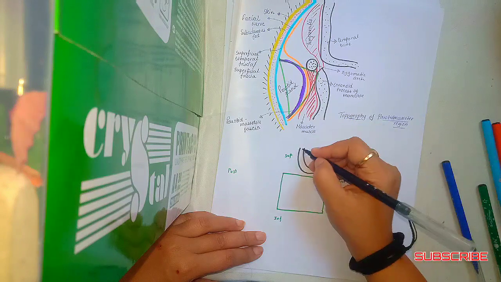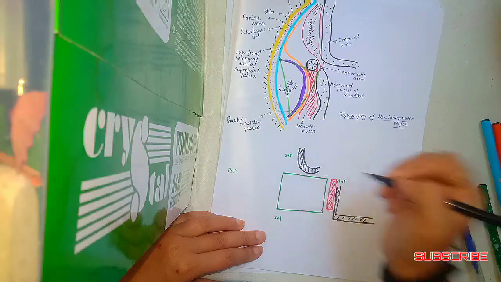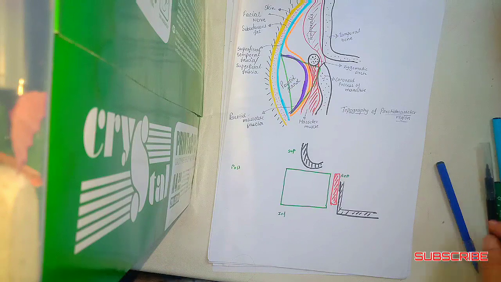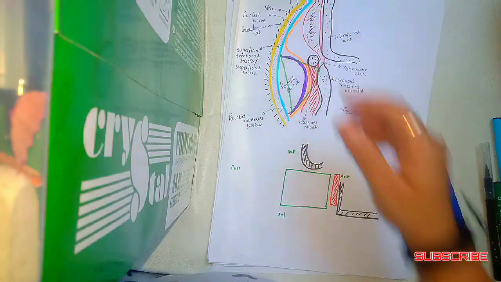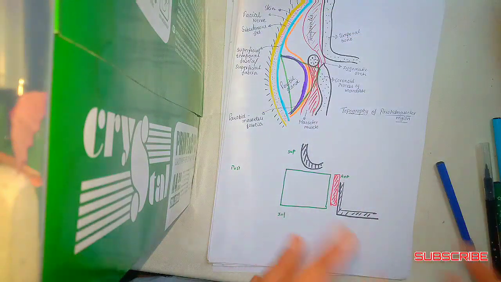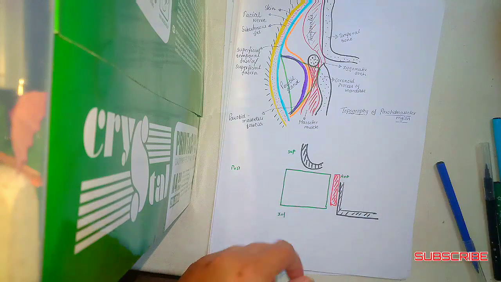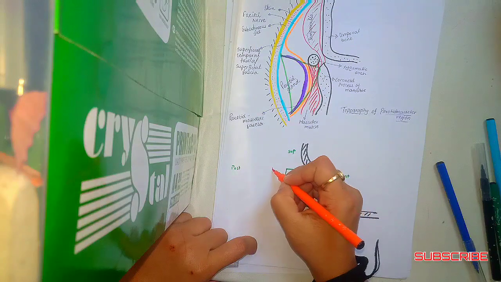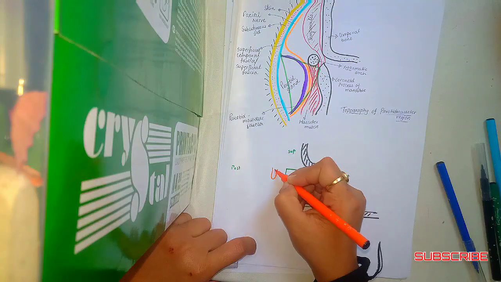Here we will have the zygomatic arch. Now on the posterior side we will have the mastoid process, the apex of the mastoid process. We will have the mastoid process like this, right?